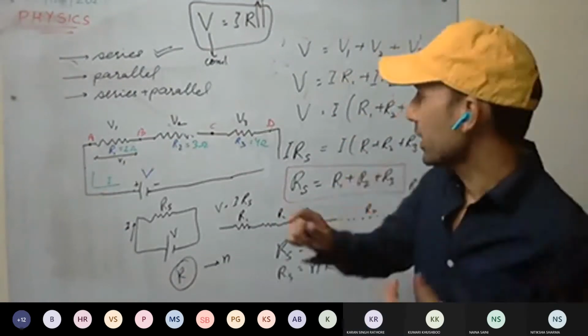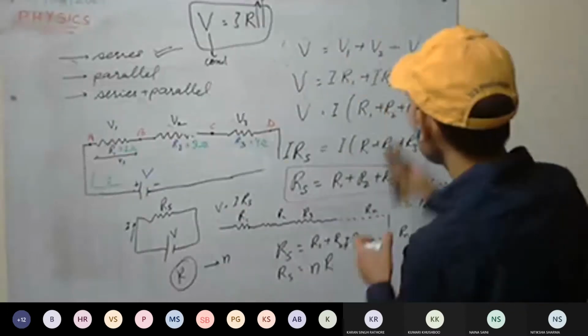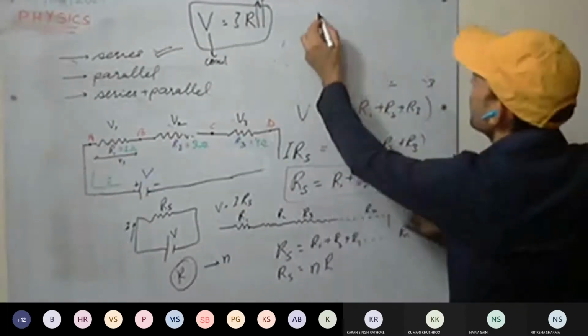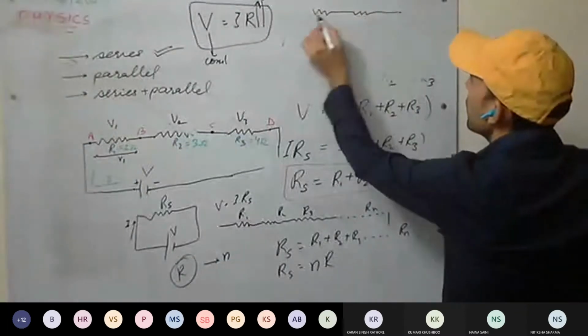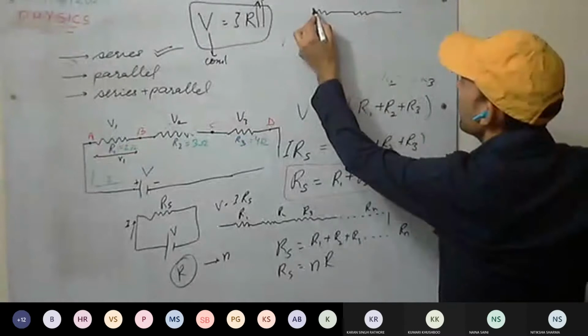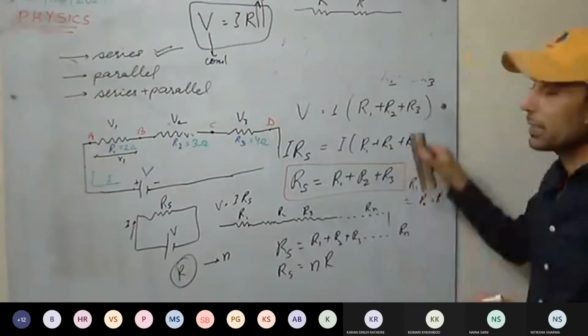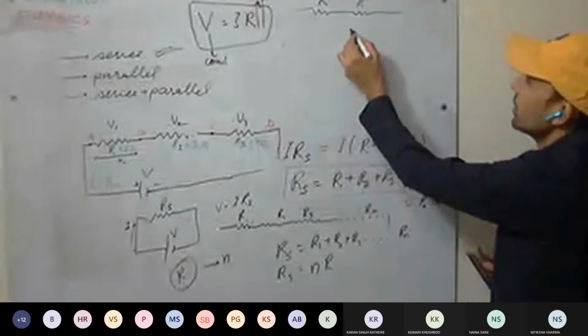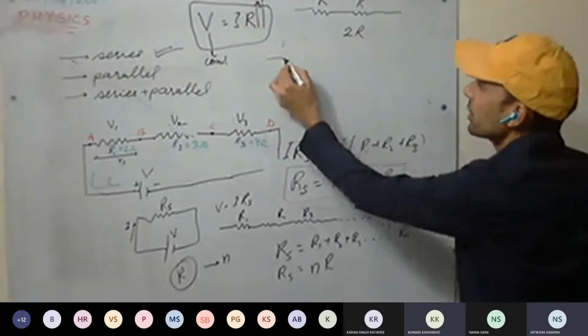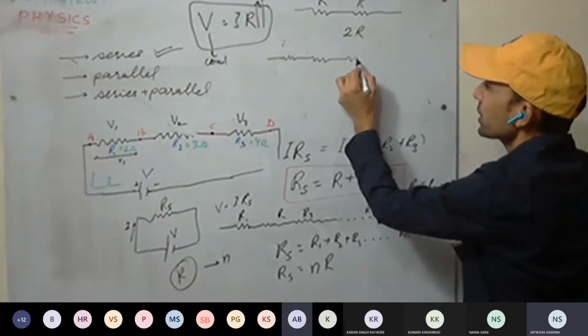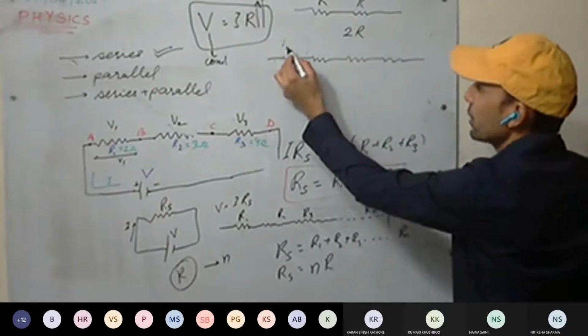That means if you are connecting, for example, two resistors each of value R, what will be the equivalent resistance? Sir, 2R. Now with four resistors, each having the same value, what will be the equivalent resistance?